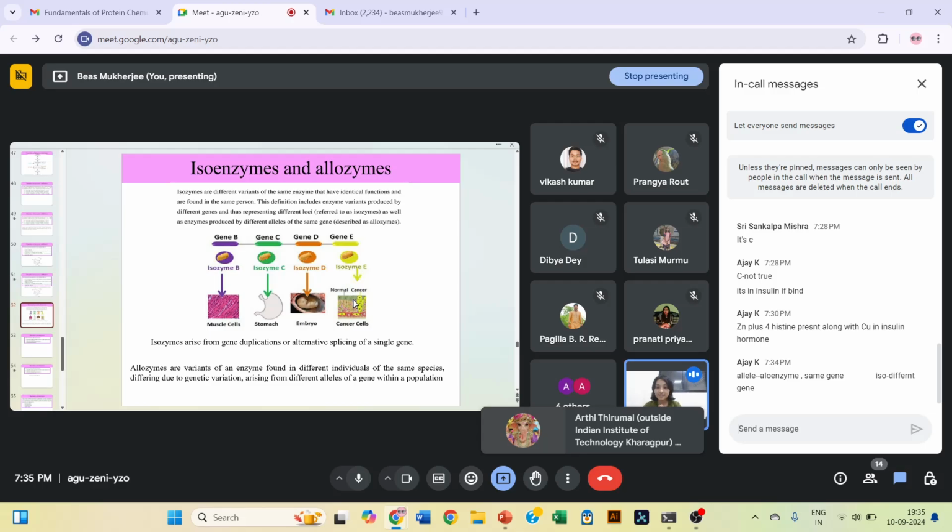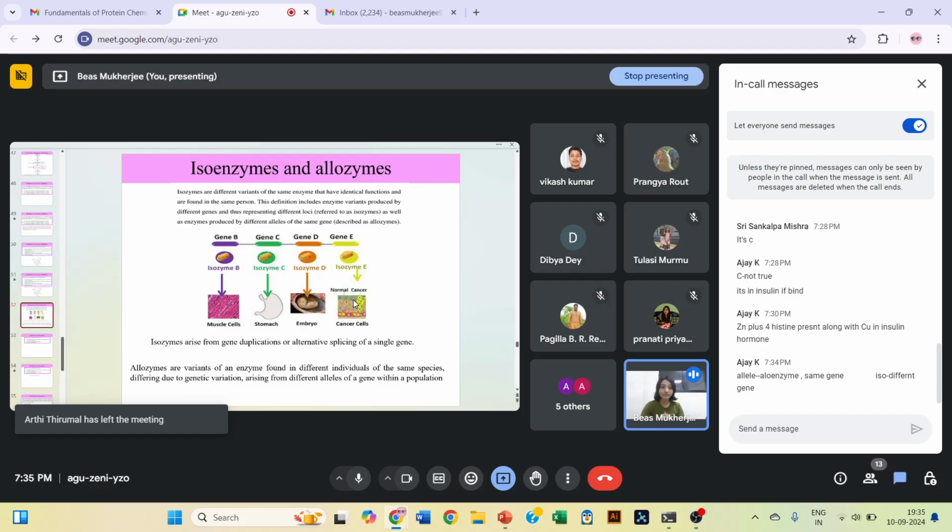So see, in this diagram you can see that this isozyme is maybe present in cancer cells. And then how do we get rid of this? Because if we delete this, then some other variant is there in the body, and that is why it becomes very difficult to delete genes in the human body, because there are so many variants of so many different genes in our body.